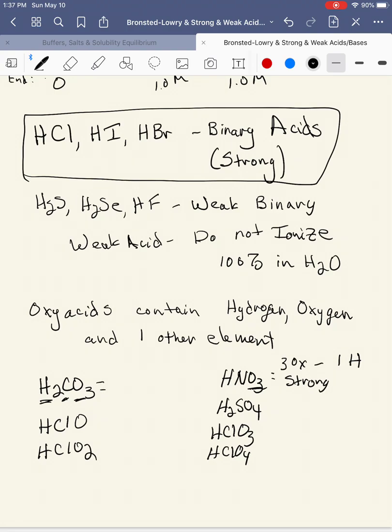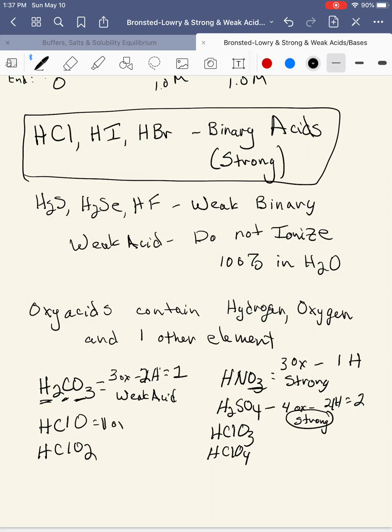Here we have 3 oxygens and 2 hydrogens. Difference of 1. Therefore, that's a weak acid. H2SO4, 4 oxygens, 2 hydrogens, difference of 2. So that would be a strong acid.